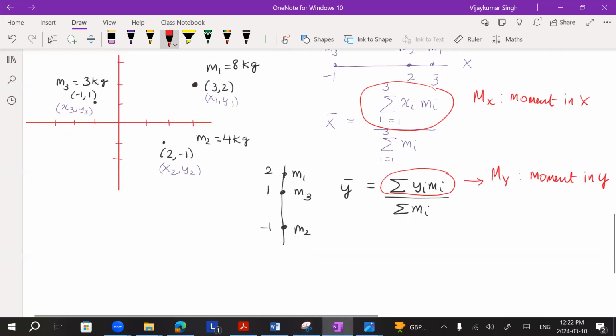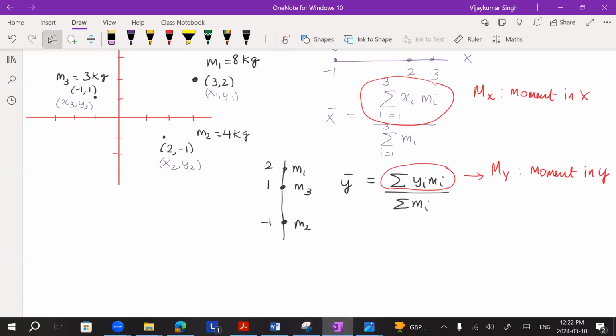Okay. So now if I want to compute this, how would I go about it? Let's call m the total mass. So m is going to be these masses added up: m1 is 3, sorry, m1 is 8, m2 is 4, and m3 is 3. So 8 plus 4 is 12, plus 3 is 15.